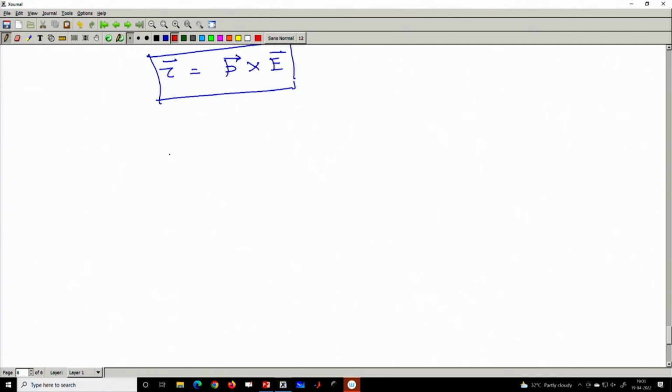So the dipole potential, if I want to write it, phi of r is 1 by 4 pi epsilon 0, and then P dot r divided by r cube.